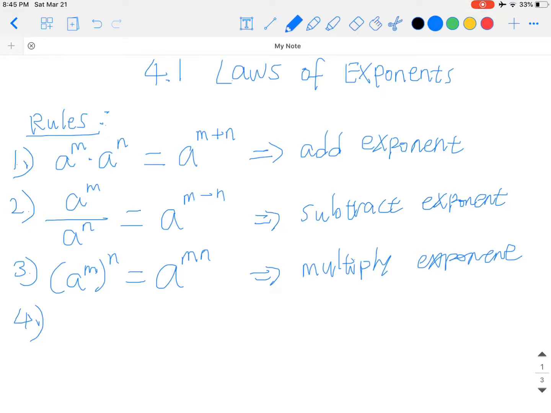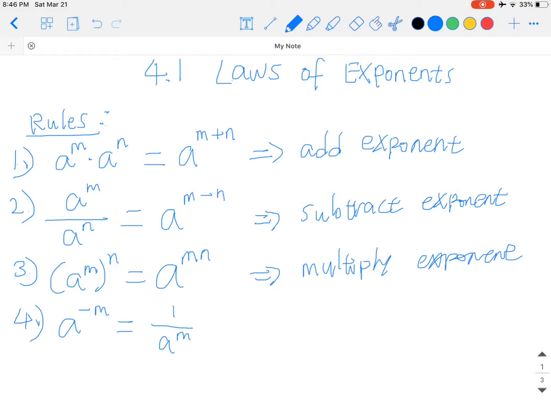The fourth, what happens if I have a to the negative m? Most of the time when we simplify this, we don't want a negative exponent, so we want to turn it to positive. It becomes 1 over a to the m.